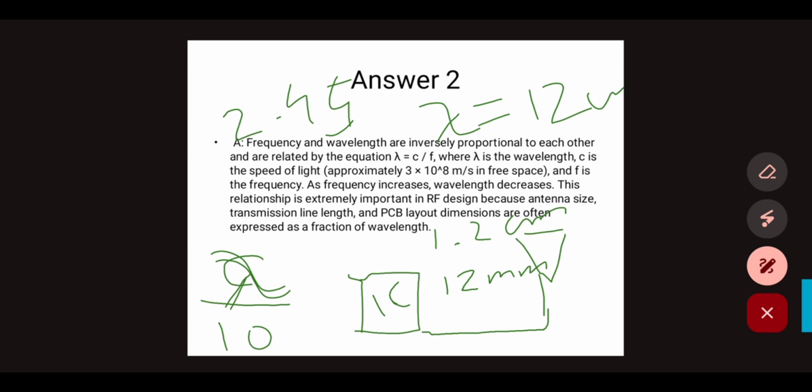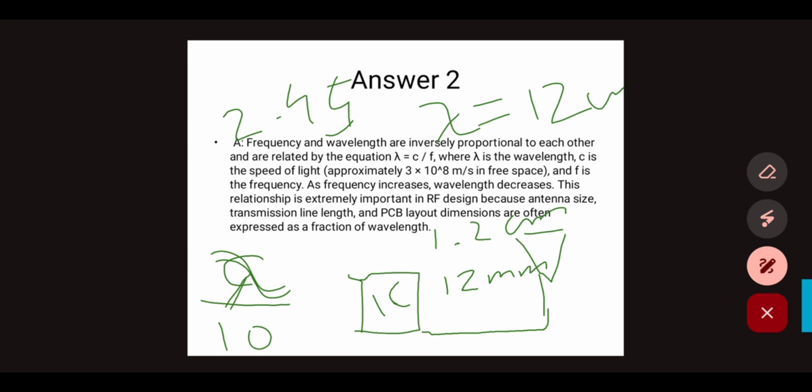For example, usually the impedance from this IC should be 50 ohm. If it is 50 ohm and my antenna is also 50 ohm, then my transmission line should also be 50 ohm. So that is why the calculation of wavelength is critical.